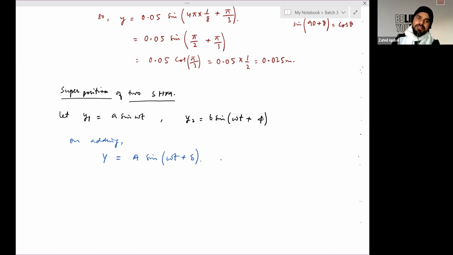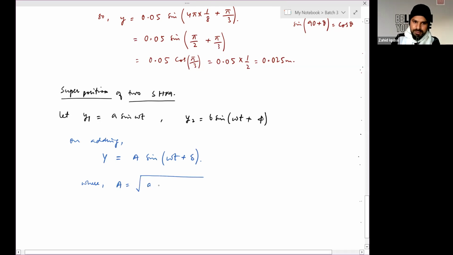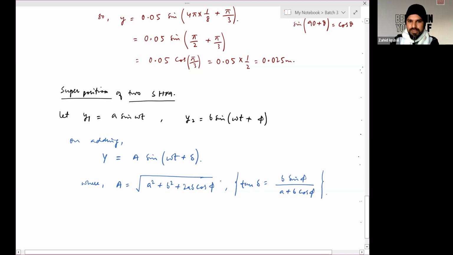So how to calculate amplitude and phase? Where A equals root under (a squared plus b squared plus 2ab cos phi), and delta equals b times sine phi divided by (a plus b times cos phi), which is similar to what we derived for the resultant of two vectors in chapter 4.